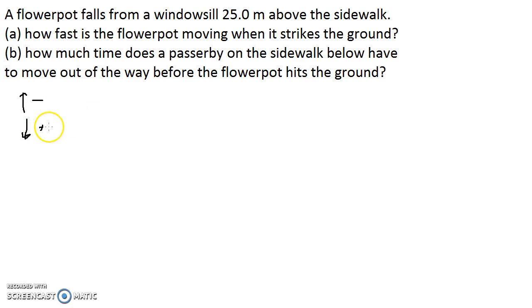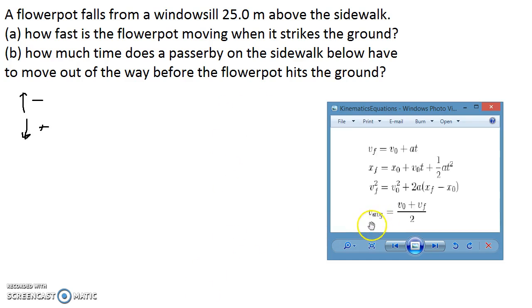Now, this is because the problem gives us both velocity and acceleration are going to be pointing down, because obviously the acceleration due to gravity is going to be towards the ground, and the velocity, it's going to be falling towards the ground as well. So this is just going to help us keep track of signs easier and just make it a little bit simpler. So I've defined positive as down, so let's go ahead and start plugging things in.